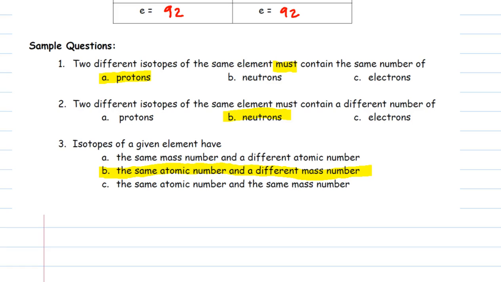So isotopes of a given element are going to have the same atomic number. The atomic number tells you how many protons it has, and if you change the atomic number, you get a totally different element. But it's going to have a different mass number because it has a different number of neutrons. If you have any questions on any of these, post those questions in the discussion board on Schoology.